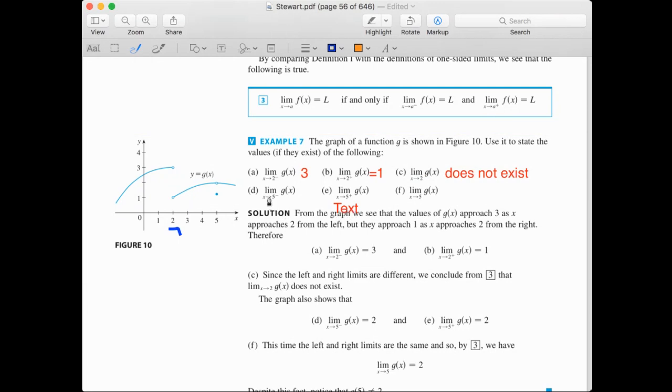Okay, now let's go to 5. 5 is here. Let's look at it from the left. From the left, we look at the graph. From the left, it equals 2.